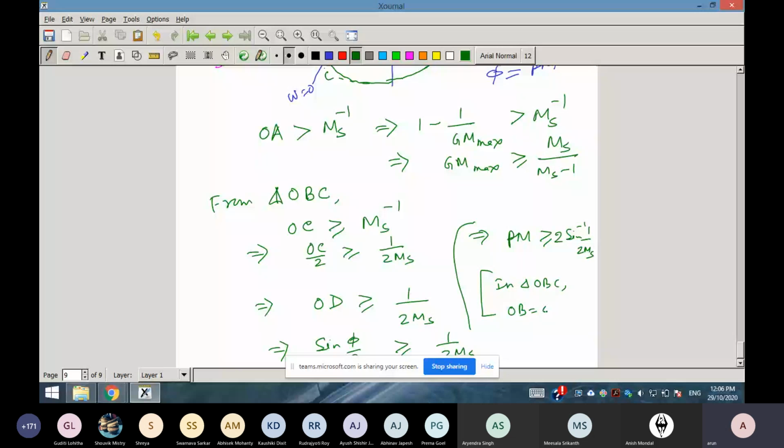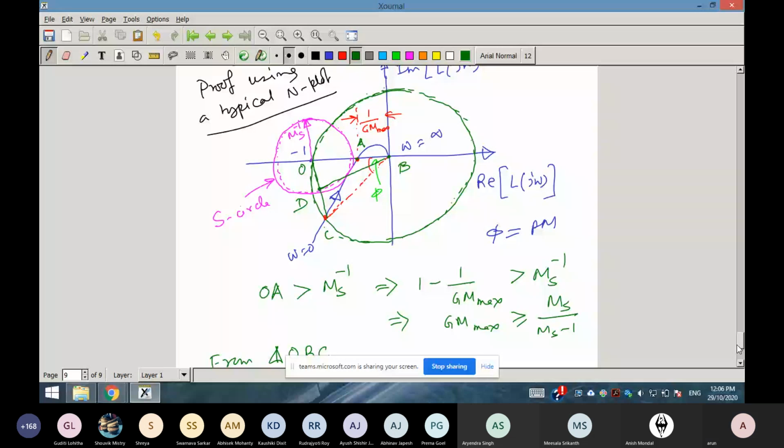Okay. So then your sine of phi by 2, that means this angle will be phi by 2. So sine of phi by 2 will be what? OD divided by OB. Since OB equal to 1, OD will be equal to sine of phi by 2. That's why I have written this one.